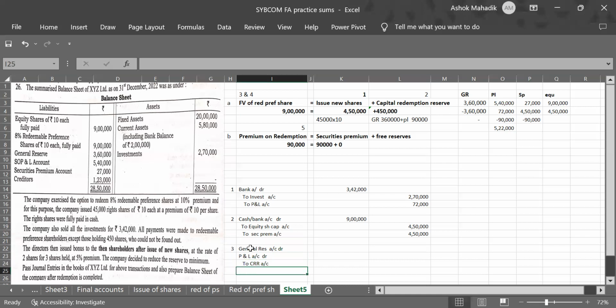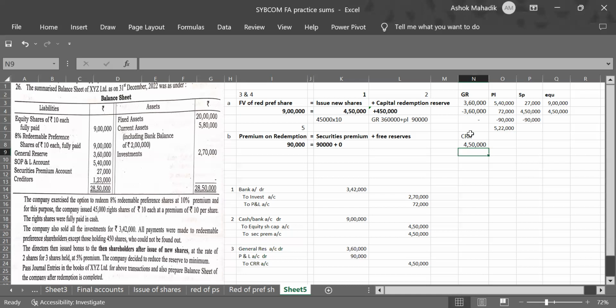The general reserve we use to the tune of 3,60,000, P&L we use to the tune of 90,000. So total CRR created is 4,50,000. Now we have a new reserve worth 4,50,000. Which reserve? CRR. So 4,50,000 CRR we have created. That's a reserve.